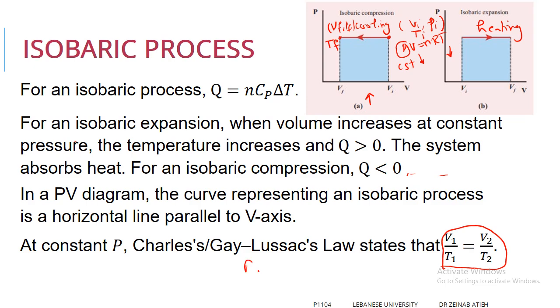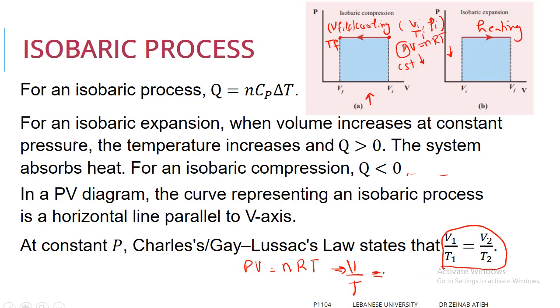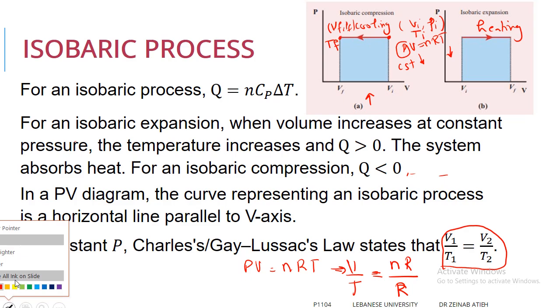Remember that PV equals nRT. So you can see that if I divide V by T, V over T is equal to nR over P. Okay, it's not writing well.